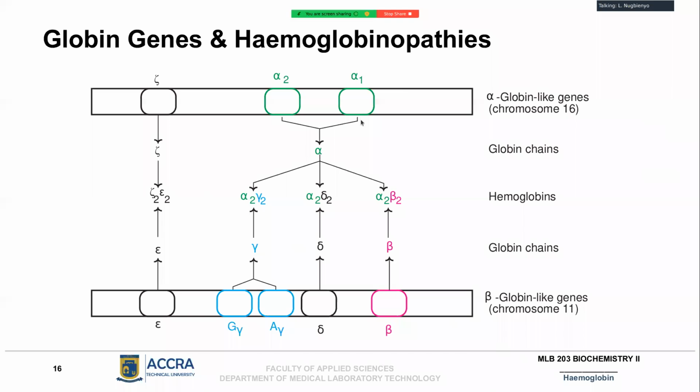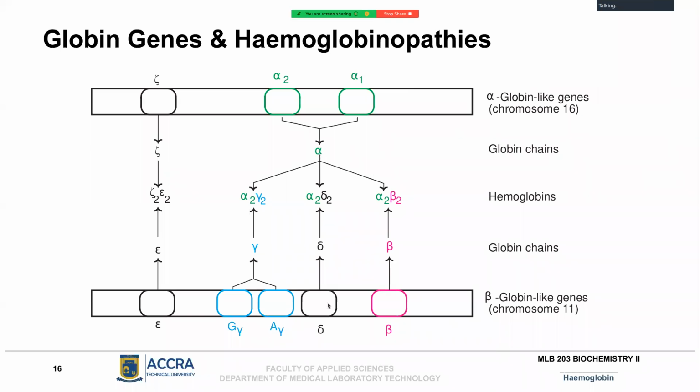So from these genes, you now have the alpha globins produced. This diagram skips the process of transcription, so quickly it has moved to the globin chains, which are the proteins, the alpha proteins.